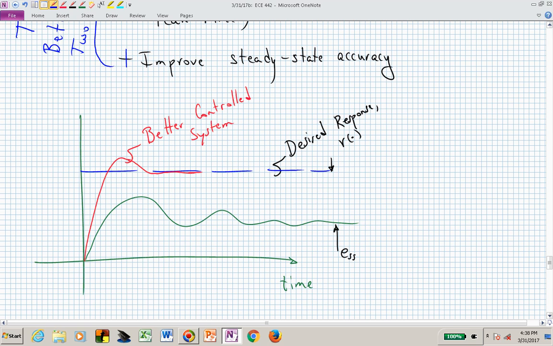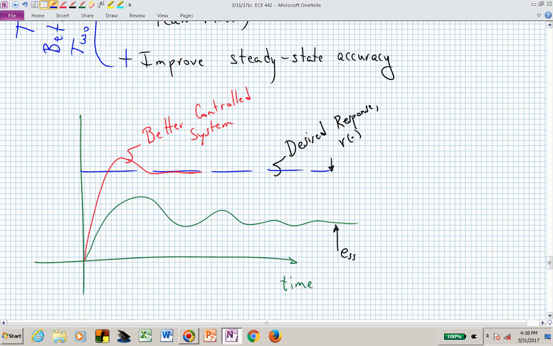Well, if we design our controller more effectively, we could possibly then produce a better controlled system, which is illustrated in red. Now we have a little bit of an overshoot. We go beyond where we would desire our response to be, but we do start to lock on or nearly eliminate the difference between where we are with the red and where we want to be, which is with the blue.